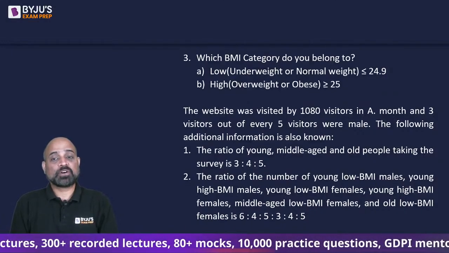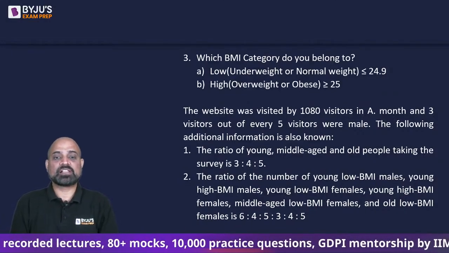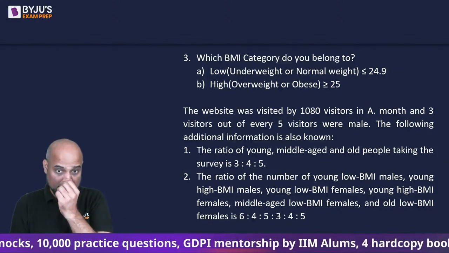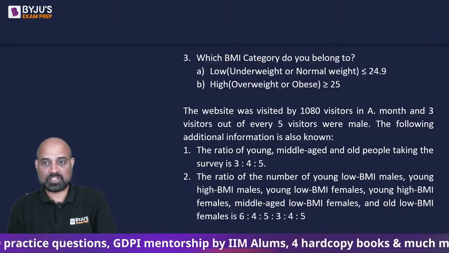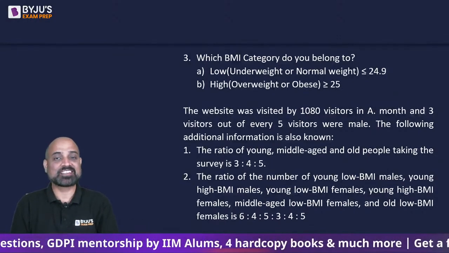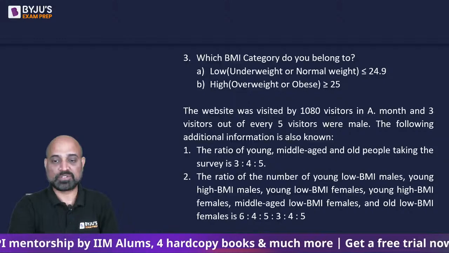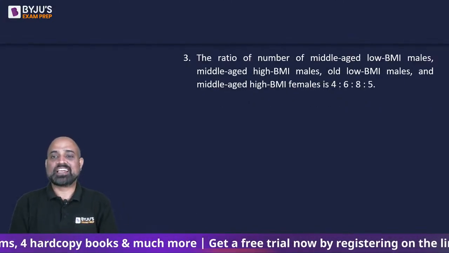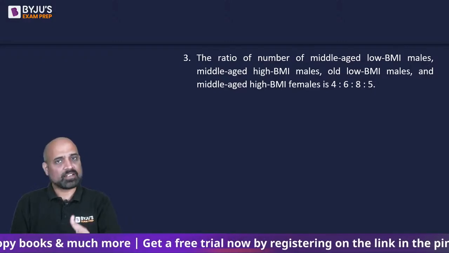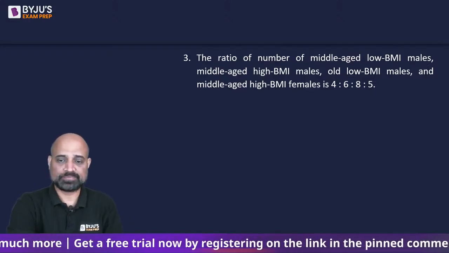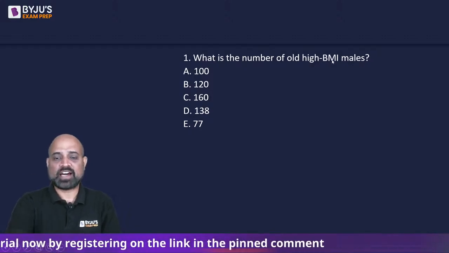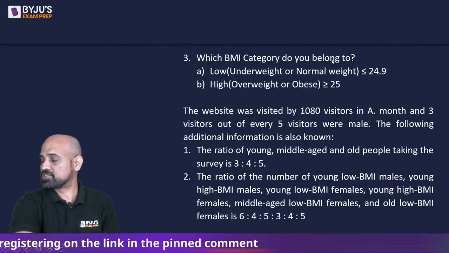The ratio of the number of young low BMI males, young high BMI males, young low BMI females, young high BMI females, middle-aged low BMI females and old low BMI females is 6:4:5:3:4:5. And the ratio of number of middle-aged low BMI males, and we have got another such ratio here. So the question asked is what is the number of old high BMI males and so on and so forth.